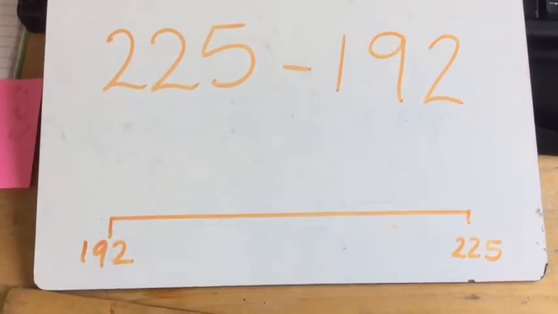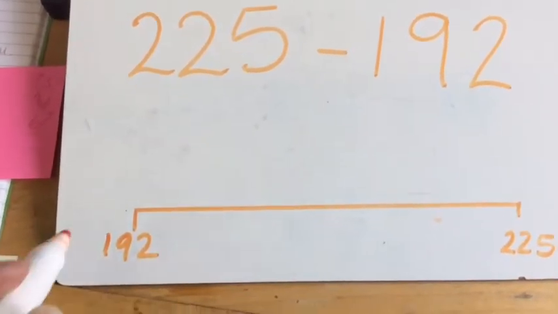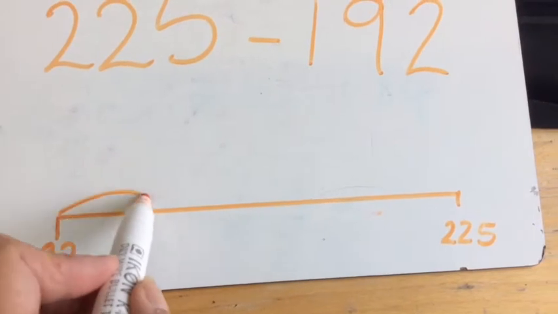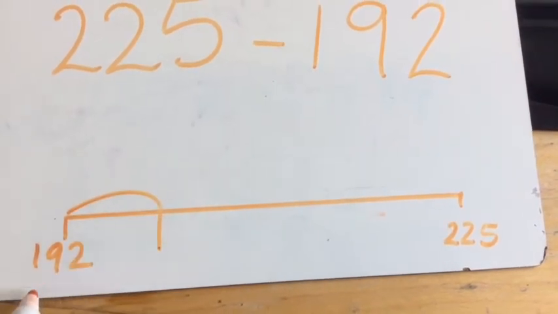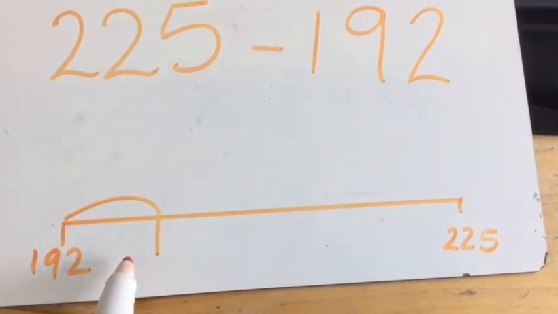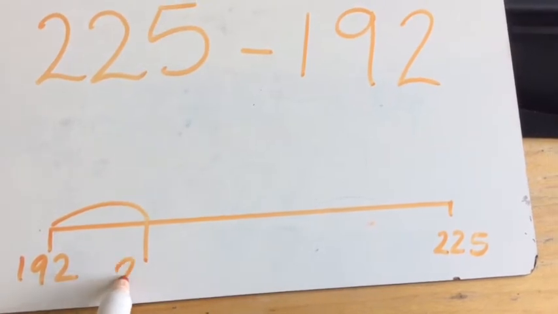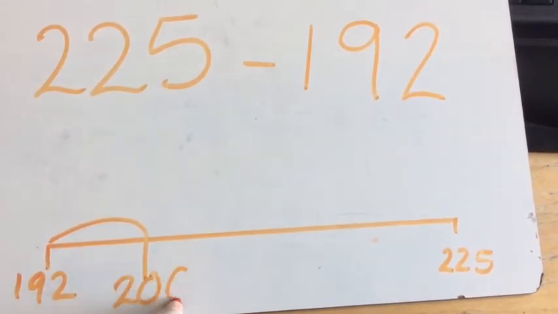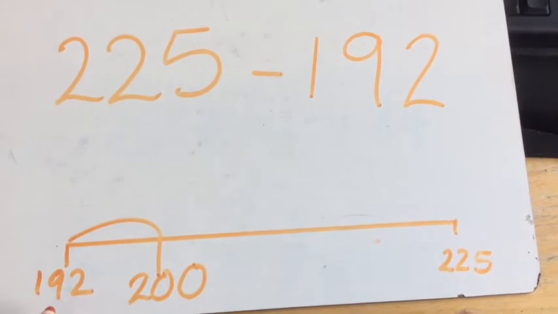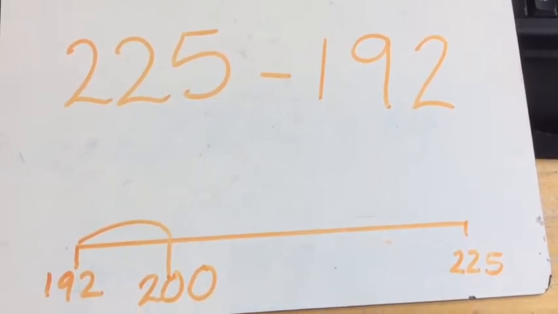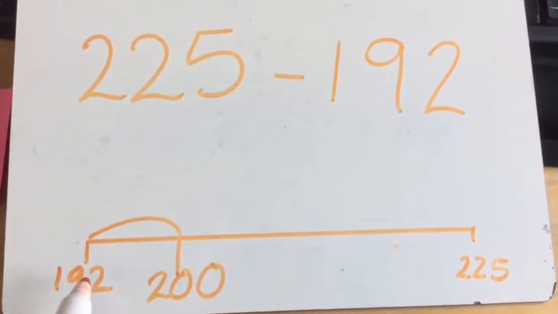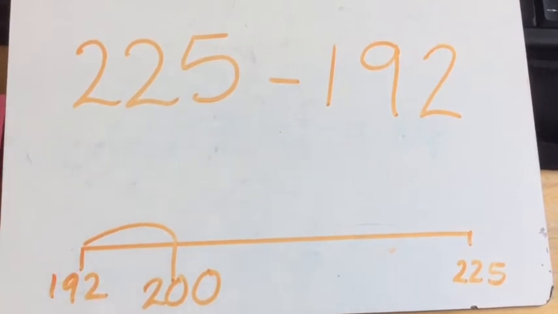Okay, let's count on to find the difference. Bridging through multiples of 10. So what is the next multiple of 10? Oh look, it's actually a multiple of 100 as well. How do you get from 192 to 200? Well, I know that you need 8 added onto 2 to get to 10.